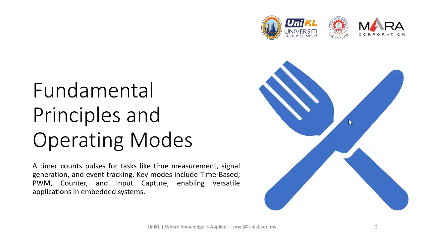It can be used for counting the number of events, and also to count the time elapsed between events. In general, we have about 4 different modes of timer, which are time-based, pulse width modulation, counter, and input capture.